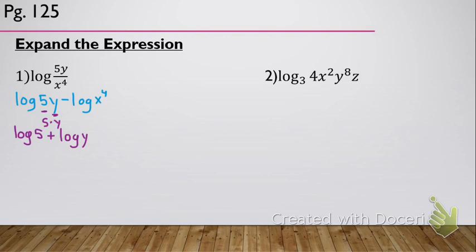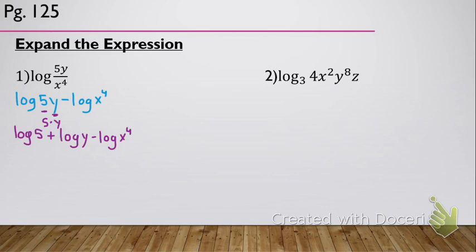And then this piece that we didn't do anything to, that's going to stay the same for now. So still minus log of x to the 4th. Okay? So we have found some multiplication.